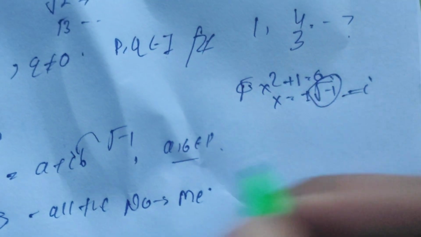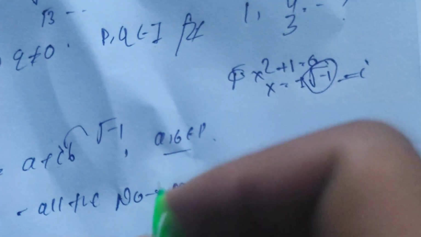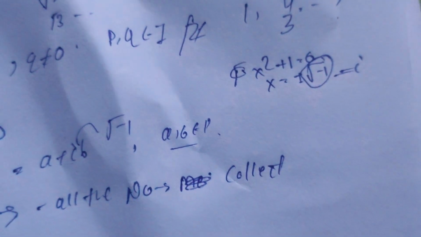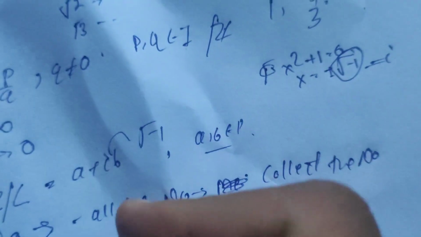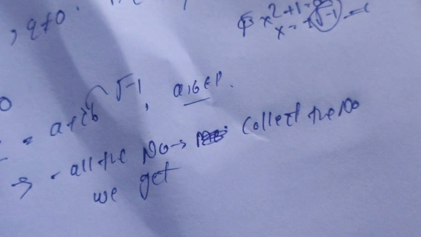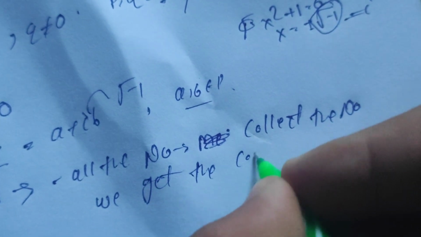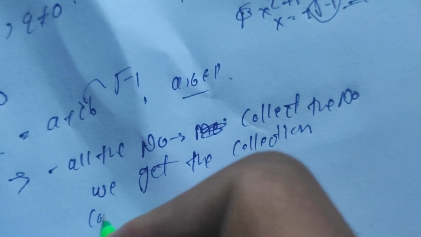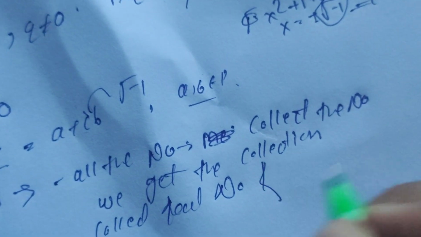If we collect all these numbers collectively, we get the set, the collection, which is called real numbers. Real numbers are denoted by R.